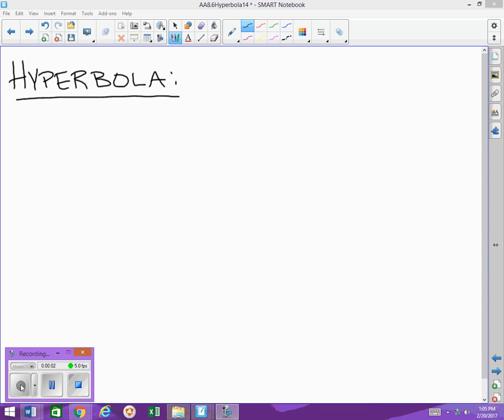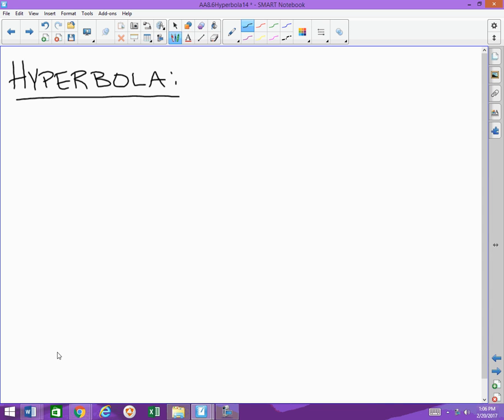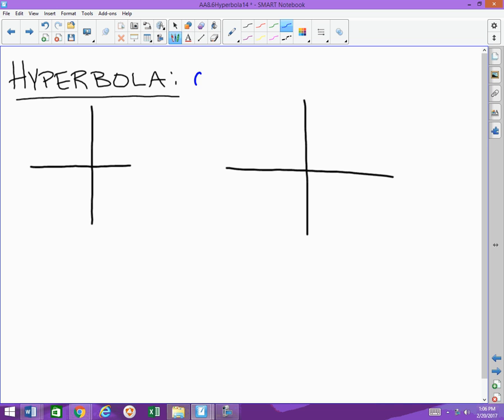All right, our final type of conic section that we will deal with is a hyperbola. Hyperbolas are similar to all the other ones we've covered so far in that they have a center, which in this case we're going to have be at 0, 0 for right now.